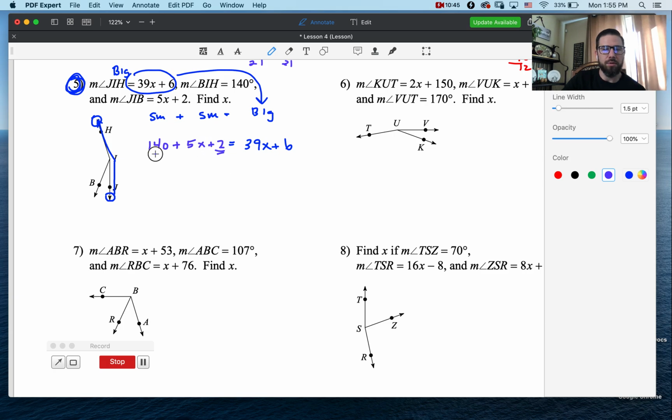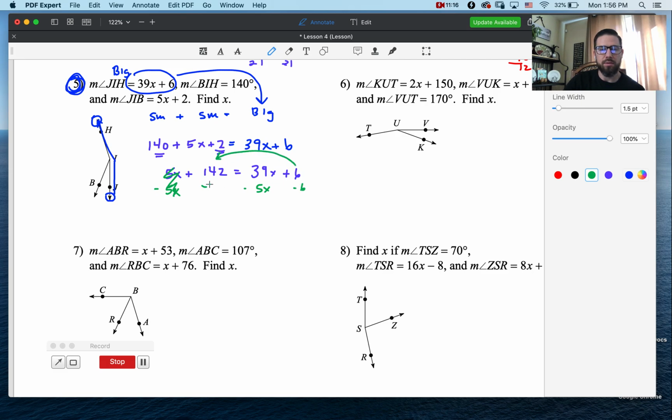We're going to combine like terms and get 142, right? And we also have our 5x equals 39x plus 6. Remember I told you, if you have an x on the right side of the equal sign and the left, we always subtract the smaller variable. In this case, 5x is smaller than 39x, so we're going to subtract that guy, gone. And this guy we got to get over here.